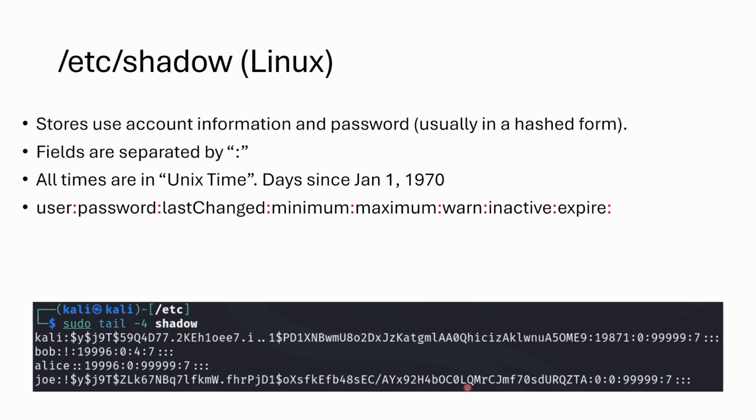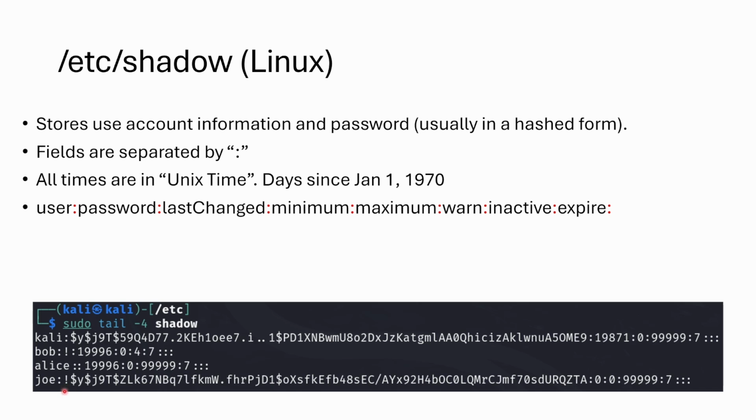There's other information in here as well, not all relevant to the conversation about password cracking, but you see fields are separated by colon. So these are the standard fields here. If you want to look up more details about them, they're not all populated typically, but all time is Unix time. So you'll see these numbers here. Those are days since January 1st, 1970.